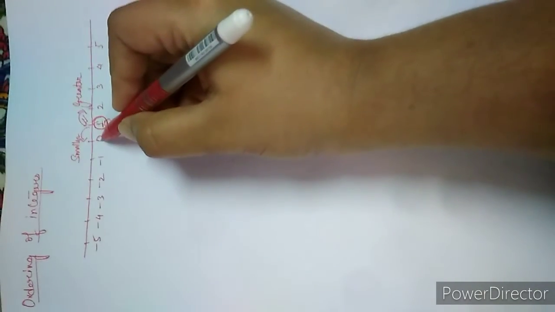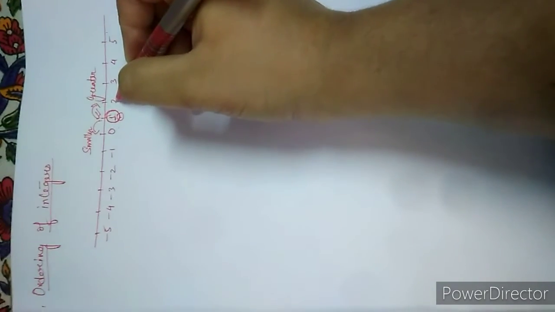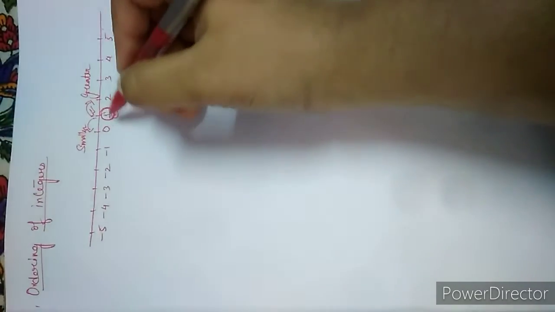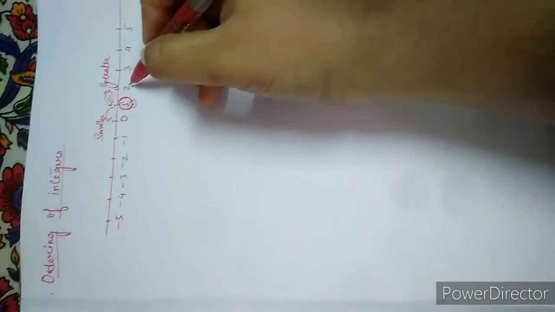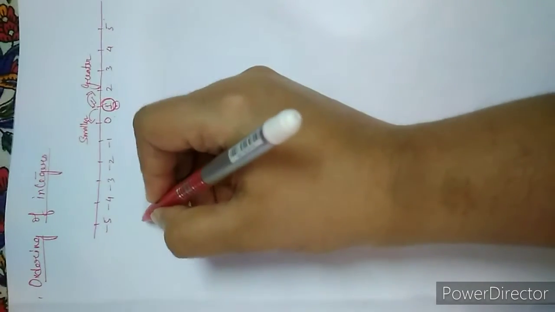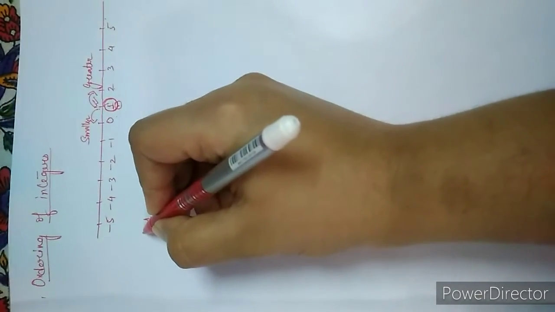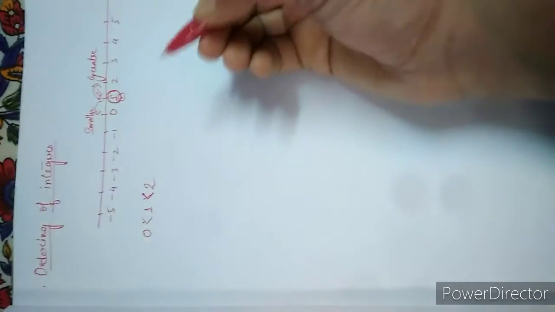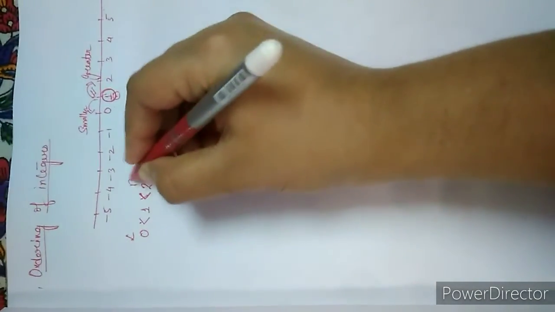I have taken 1, so the left side of 1 is 0 and the right side of 1 is 2. If you take any number, the left side will be the smaller number and the right side will be the greater number. So if I write 1, the smaller number is 0 and the greater number is 2. This is the left number, this is the right number.